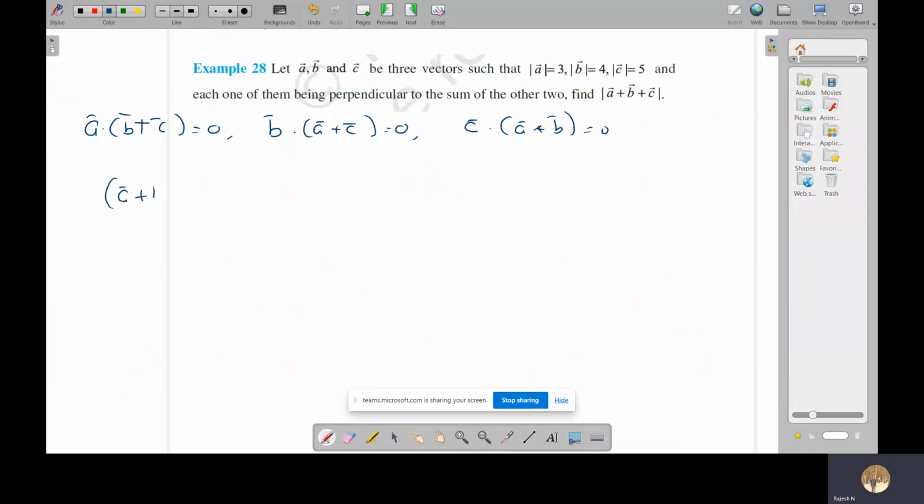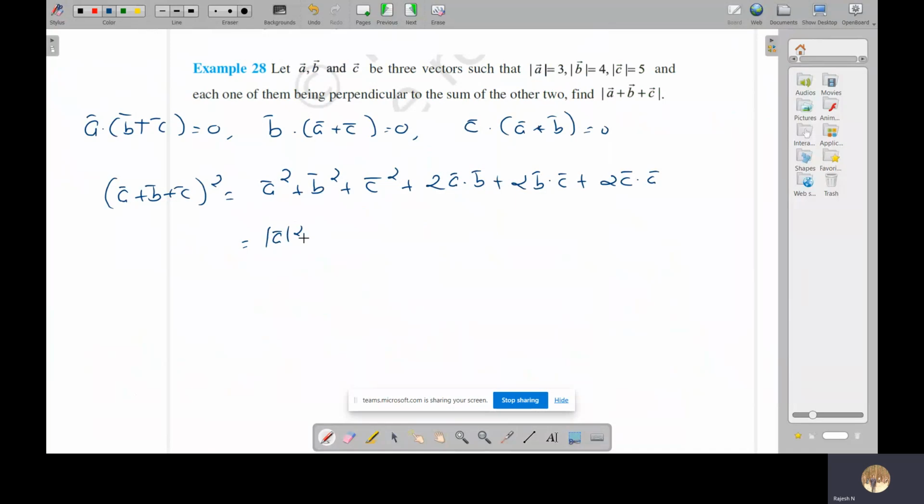Now, you can write A bar plus B bar plus C bar the whole squared is equal to A bar squared plus B bar squared plus C bar squared plus 2A bar dot B bar plus 2B bar dot C bar plus 2C bar dot A bar.